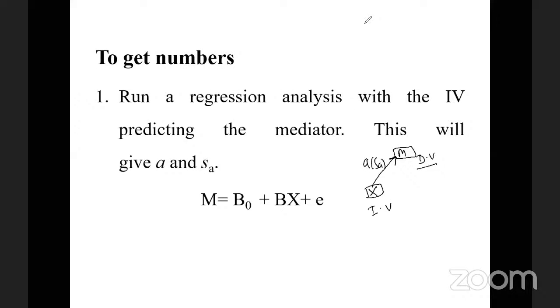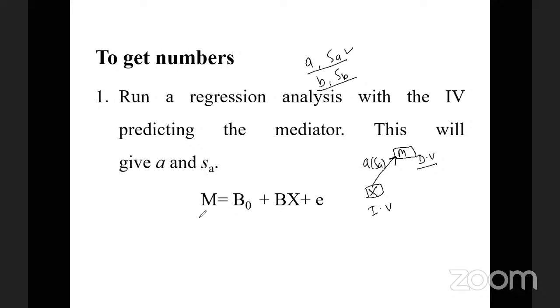I am calculating A and SA, B and SB. These are the two things. So how do we get A and SA?